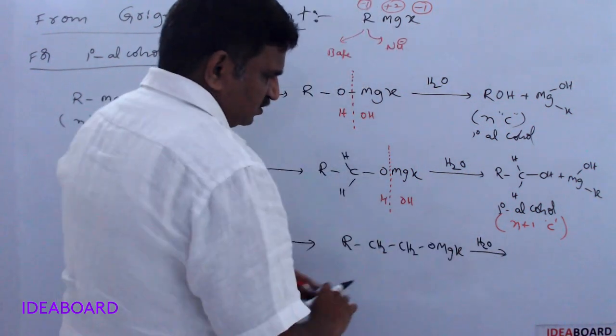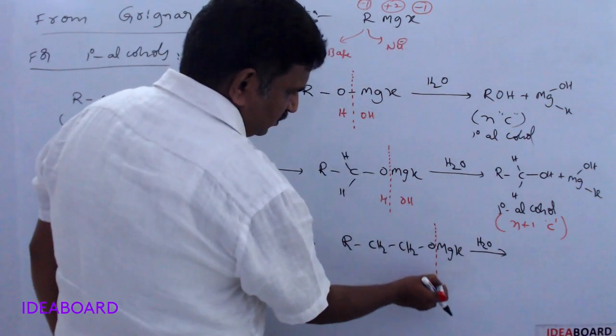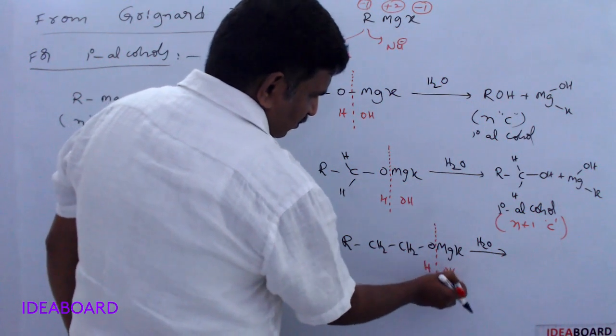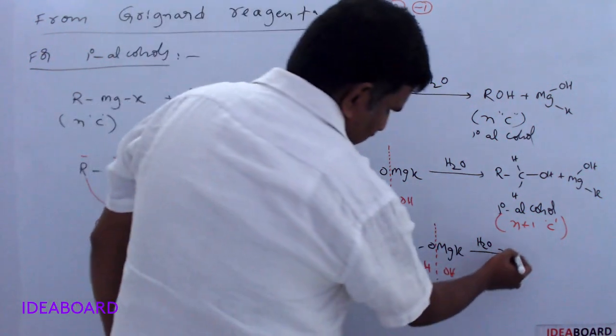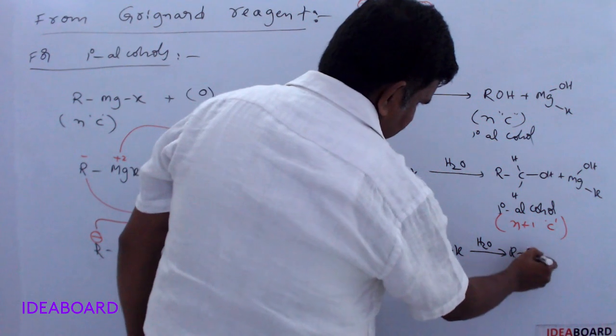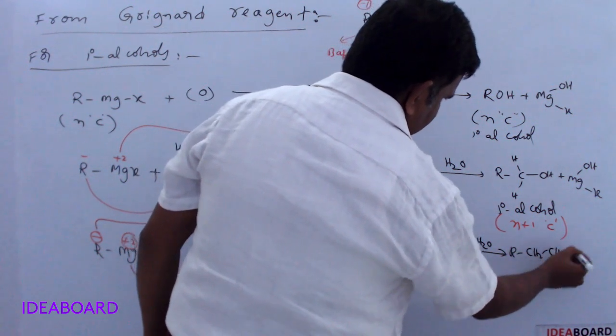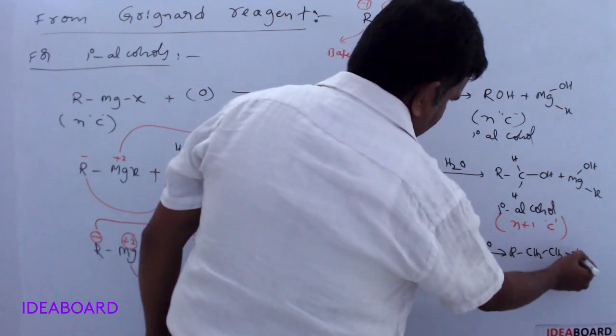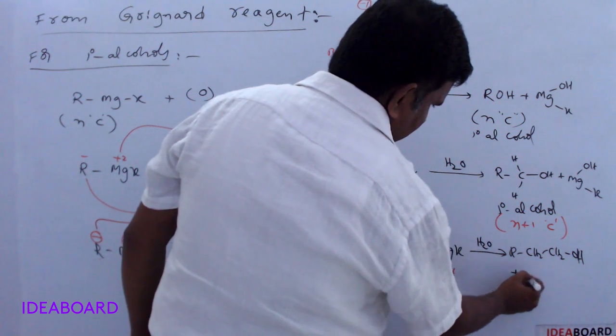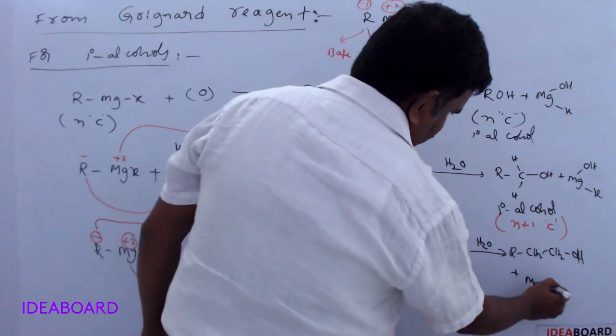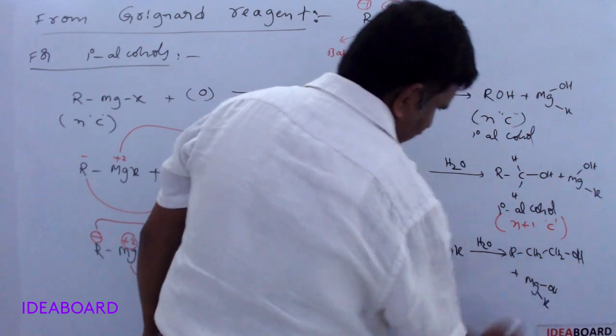By hydrolysis, same process: the bond dissociation occurs, H and OH are added. Then it gives RCH2CH2OH alcohol plus MgOHX.